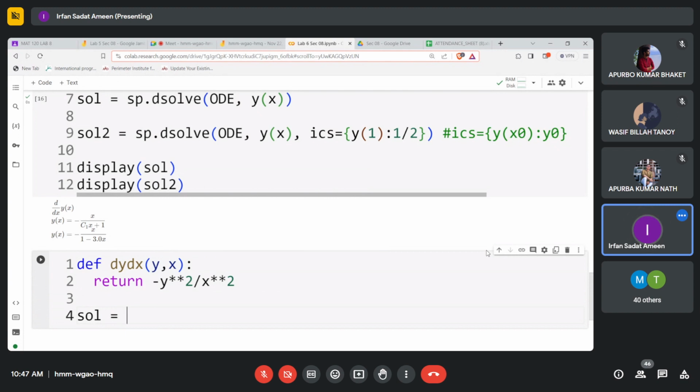Then পরের কাজ সব simple, you have to write solution and then write odeint, and then ভিতরে you have to give the model and everything.